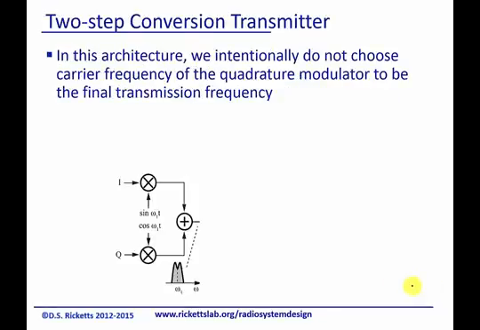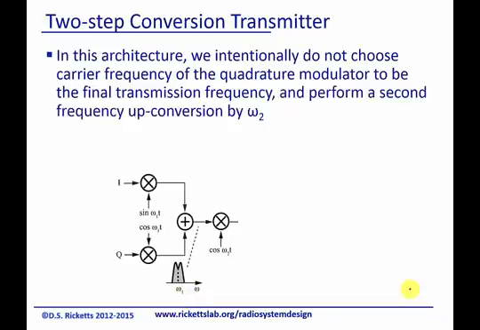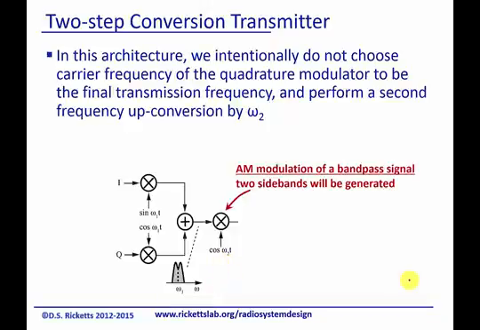So in a two-step converter, we intentionally don't choose the initial LO to be at the final carrier, but rather choose a different frequency, omega 1. And then what we do is we then take this signal and we upconvert it by a second LO at omega 2.